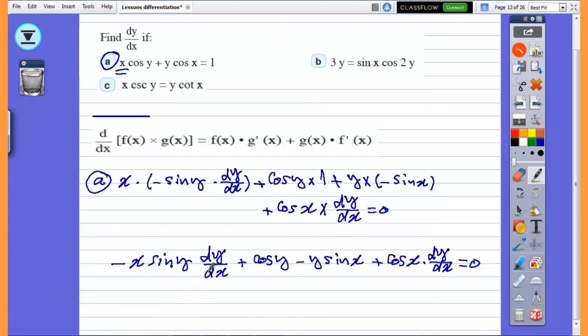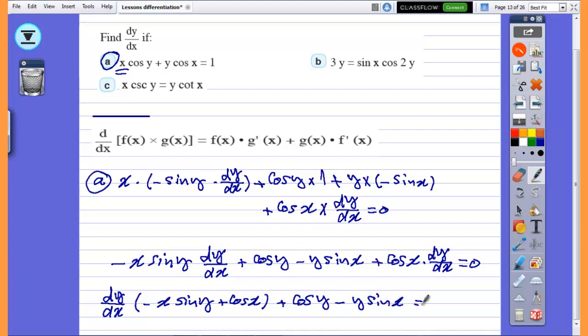So by taking dy/dx as a common factor, we have dy/dx multiplied by (negative x sin y plus cos x) plus (cos y minus y sin x), all of this equals 0.